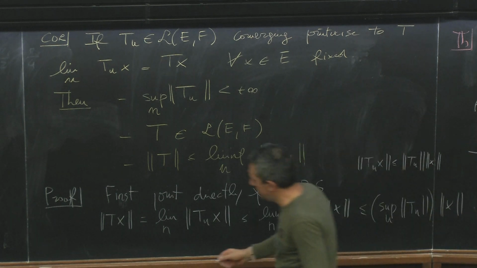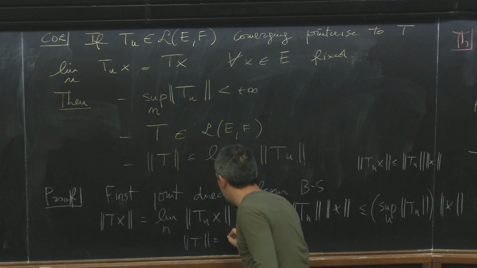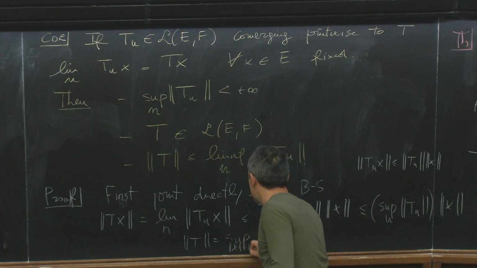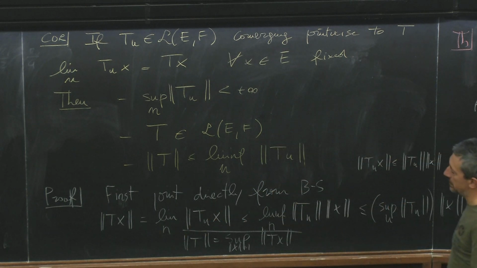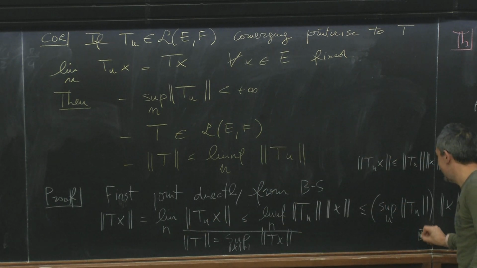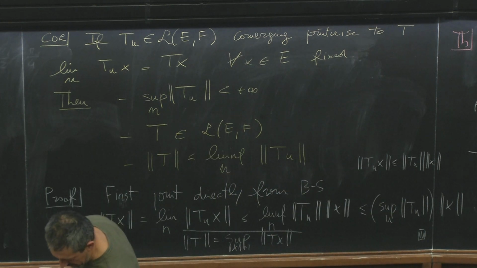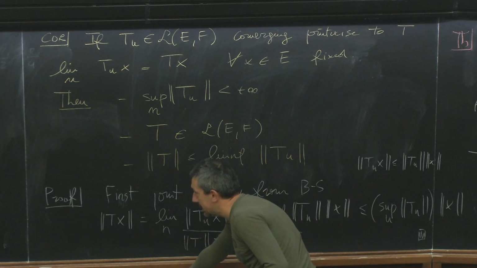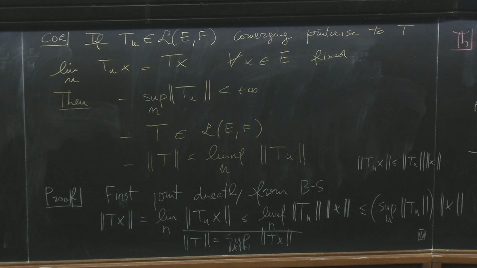Because norm of T is sup over norm of x equal to 1 of norm of Tx. Okay. So we are left with, well, nothing. And now we start with the things which are more interesting. Now I can cancel this guy.